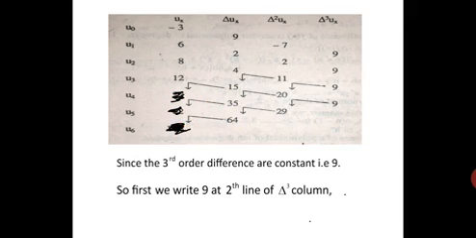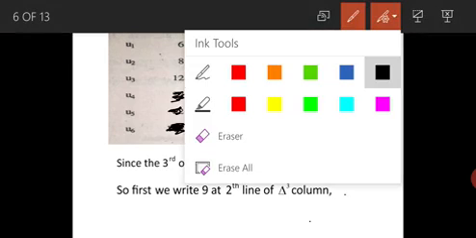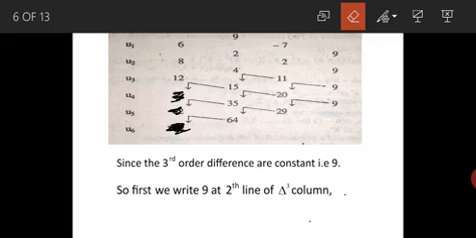Okay, so 12, just wait please. So 12 plus 15, 27. Similarly, 27 plus 35, 62. 62 plus 64, 126. We have constructed the table in the reverse way.